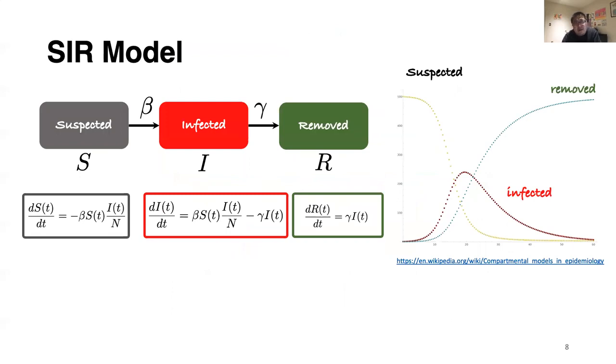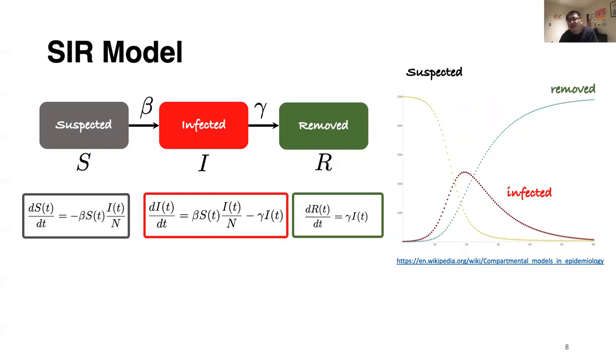It describes how these three compartments transit between each other. And one basic assumption is that the sizes of the three compartments, if you add up all of them together, wouldn't change over time.